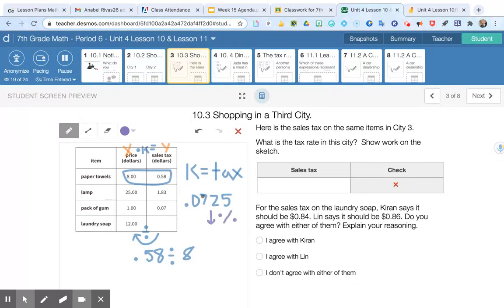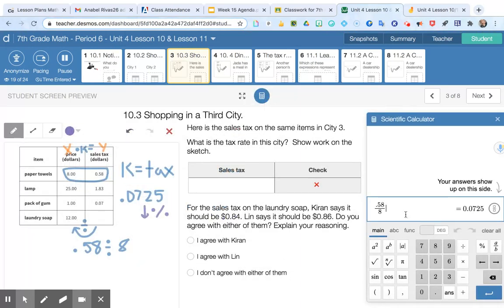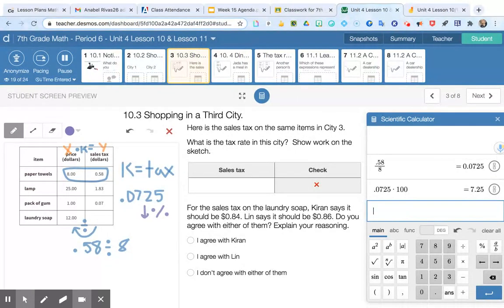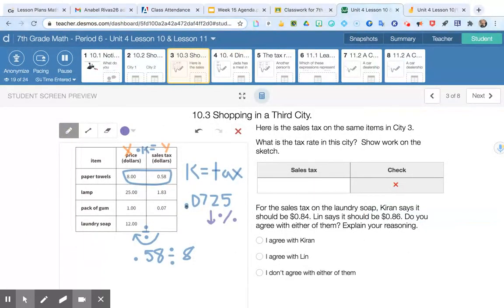I multiply it by 100, which gets me 7.25%. Or I can move the decimal over 2 places if you know that trick. So 1, 2. So my percent is 7.25.